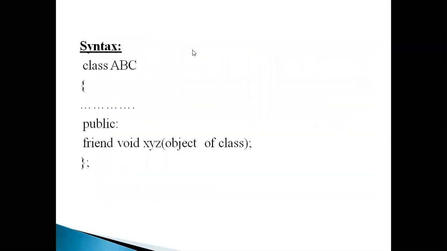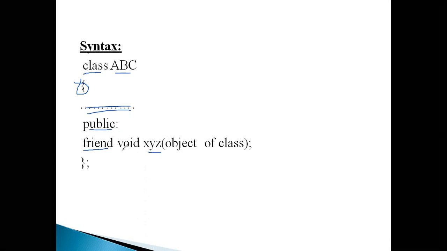Now look at this, how to define a friend function and how to declare a friend function. Here I am defining a class with the class keyword, and the class name is ABC. I am opening the class and declaring some members in the private section, and then come to the public part. In the public part, I am going to declare one function as a friend function by means of the keyword friend.